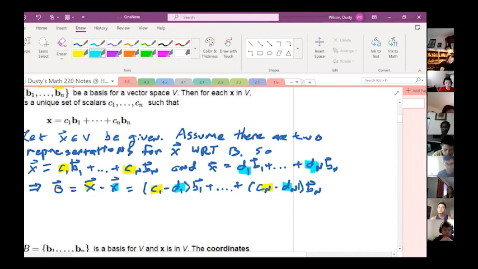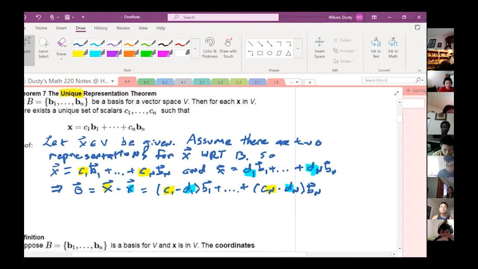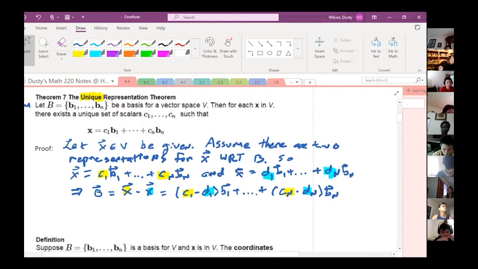All right. So let's go back and remind ourselves what B is. This B is a basis. What are the two characteristics of a basis? It's linearly independent. Good.